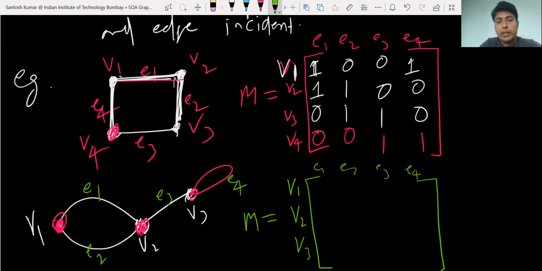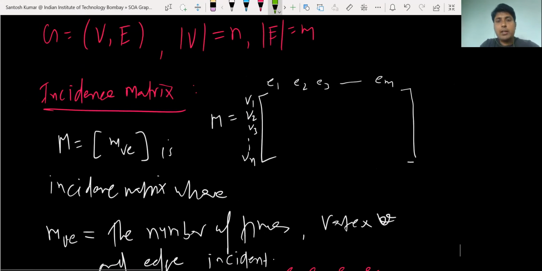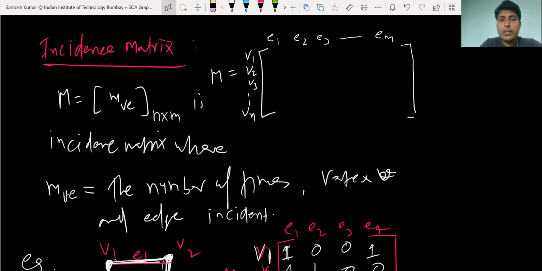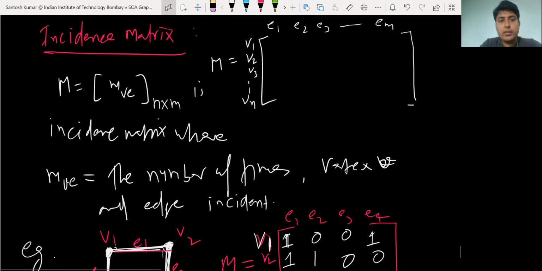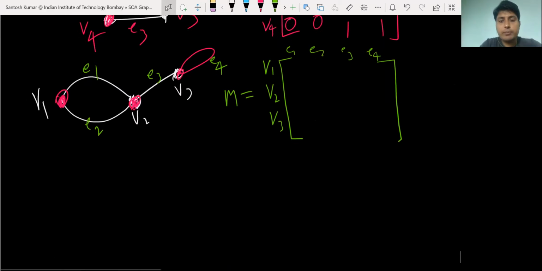In general, what is the order of this incidence matrix? The number of vertices is n and the number of edges is m, so it's an n cross m matrix.